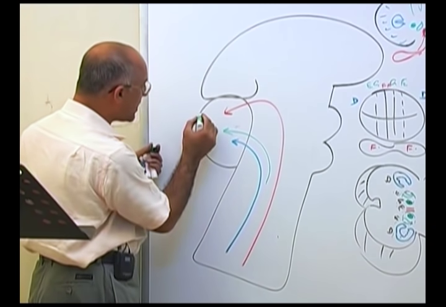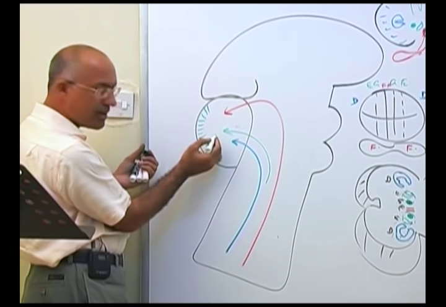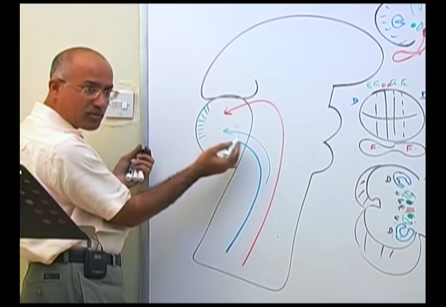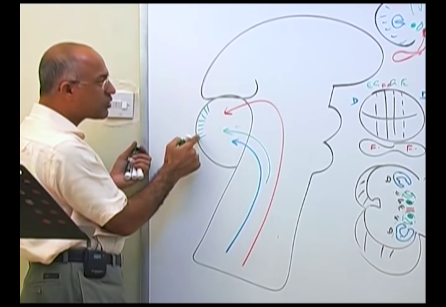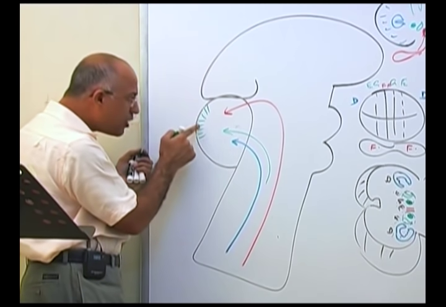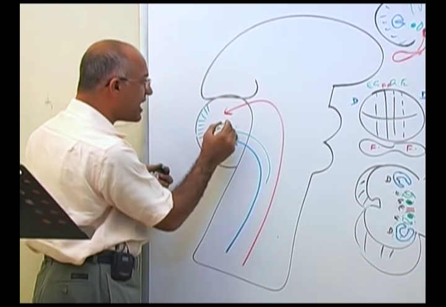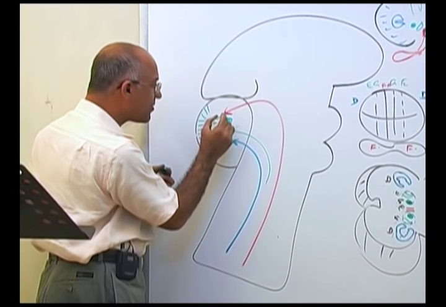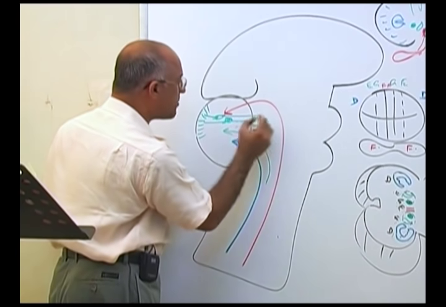Suppose this is the vermal and paravermal region, I draw it here. So all of these fibers enter as mossy fibers and will eventually connect to this vermal and paravermal region. From there, when Purkinje fibers fire, they will go to which nuclei? Globose and emboliform.